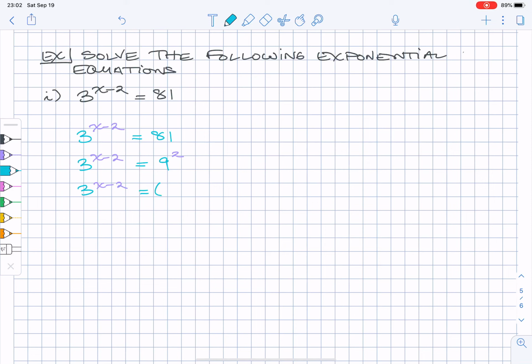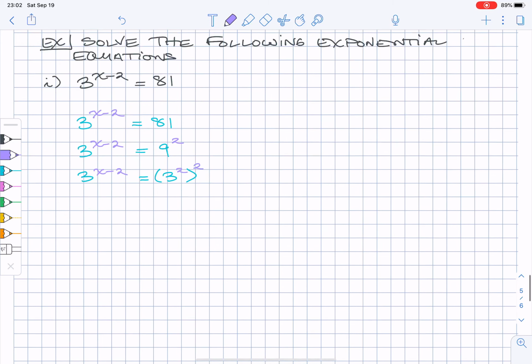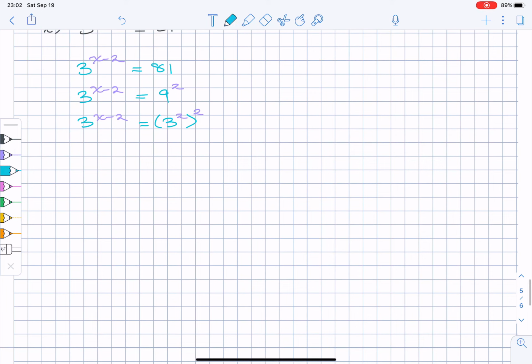So I can write this as 3 squared, quantity squared. And when we raise a power to a power, we multiply. So 3 raised to the x minus 2 is equal to 3 raised to the 4, because 2 times 2 is 4.